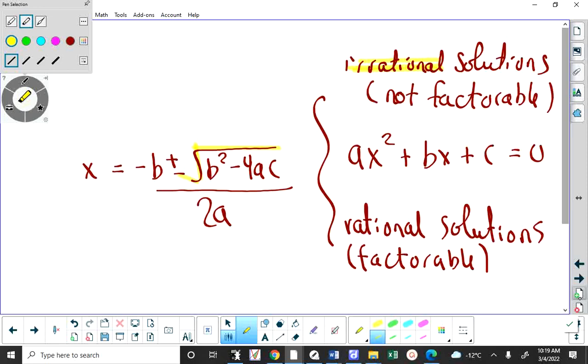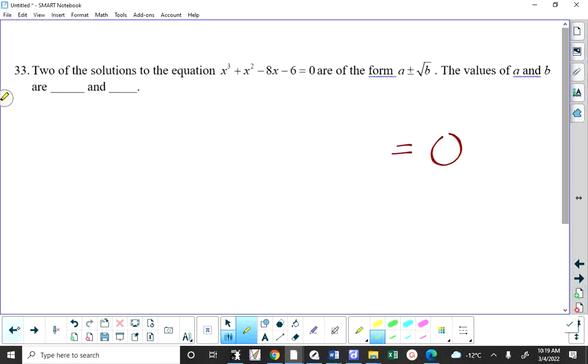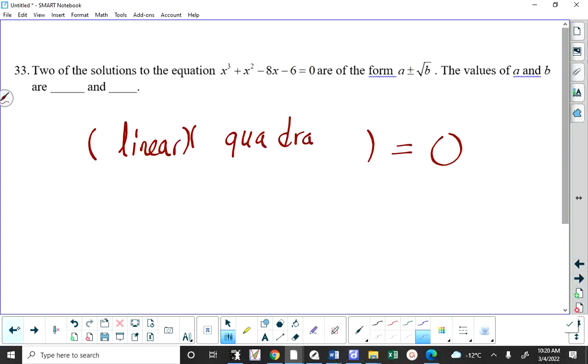So reverse engineering that, if we see that 2 of the solutions are some number plus or minus the square root of some other number, that must mean when we factor this polynomial, it factors into a linear and a quadratic. But the quadratic factor is not going to be factorable, because if it were, then we wouldn't have square roots in the answers. So does that kind of set the stage?